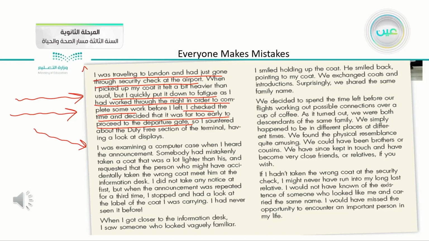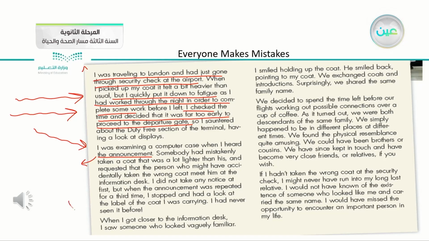After that, in the second paragraph, you can start by mentioning how you realized your mistake or how this mistake happened. Here, he started with, "I was examining a computer case when I heard the announcement." So the announcement is the bell that told him about his mistake.